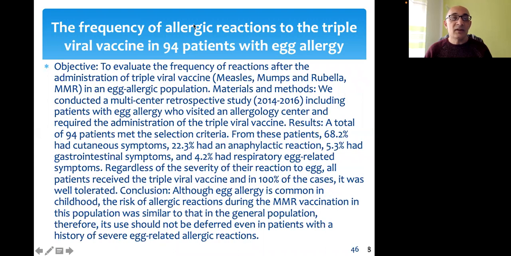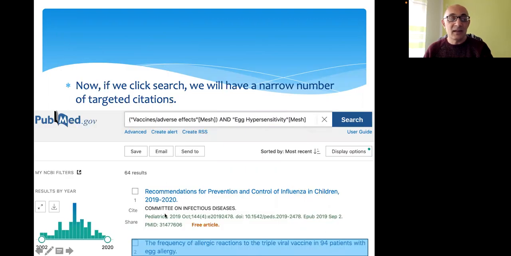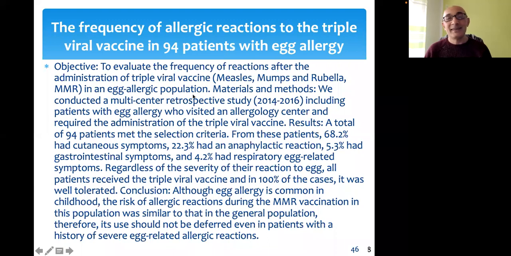Okay, this is the article we selected here: the frequency of allergic reactions to the triple viral vaccine in 94 patients with egg allergy. Why I brought this abstract of this article is because I wanted you to see how relevant it is for your daily practice.